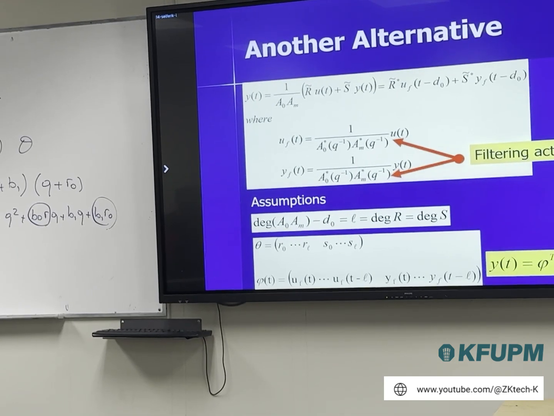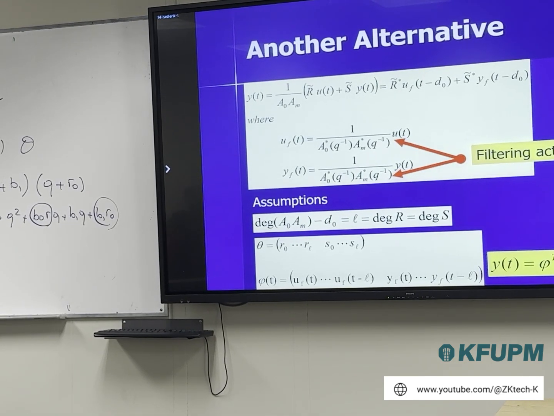Is it possible to get a scenario where we're getting different values of B0 from both R tilde and S tilde? This is an excellent question. Who will guarantee that we are getting the same value of B0 from both sides? How are you guaranteed to get the same value?